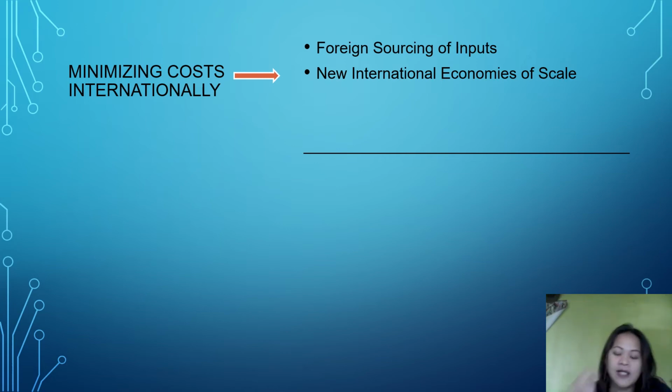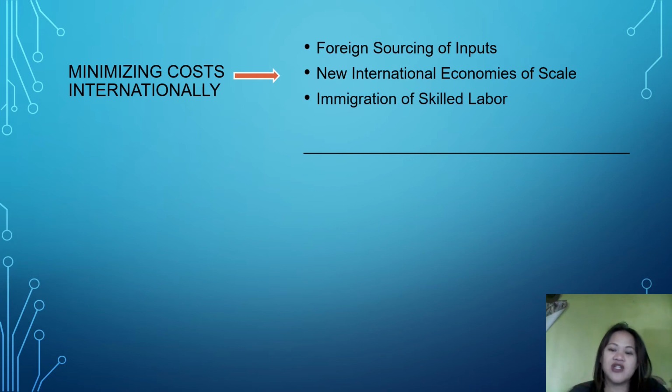Okay? Next is we have the immigration of skilled labor. It is good that if you're going to put up a certain business in a foreign market, you're creating jobs for the people in there. But if you need more and more workers, wherein you spend more and more, why not hire a skilled laborer, even if it is expensive, as long as it is one compared to many kinds of labor itself.